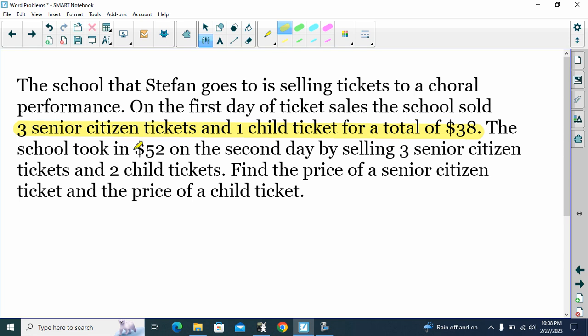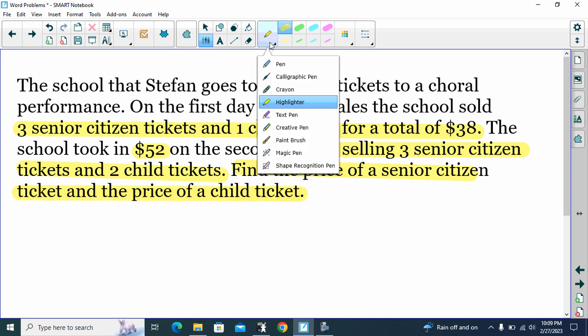And then on the second day, the school took in $52 by selling 3 senior citizen tickets and 2 child tickets. We are asked to find the price of a senior citizen ticket and the price of a child ticket. So everything that's highlighted should go in your notes there.